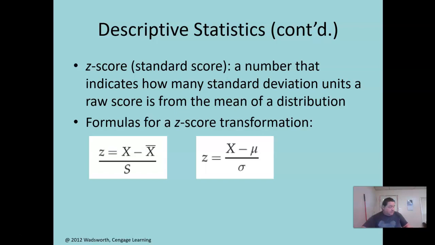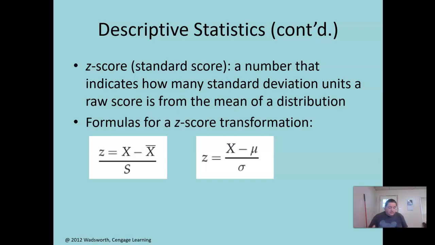The scores are as follows: 49, 45, 41, and 39. The X score for Rich was 49. 49 minus 45 equals 4. 4 divided by 4 equals 1. So Rich is on the positive side of the scores, 1 standard deviation.